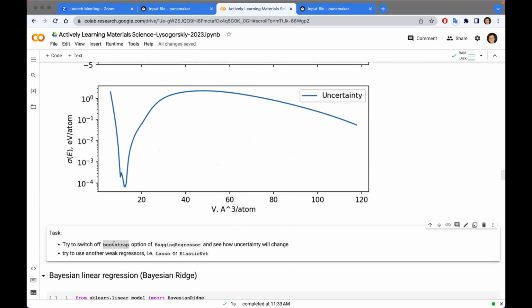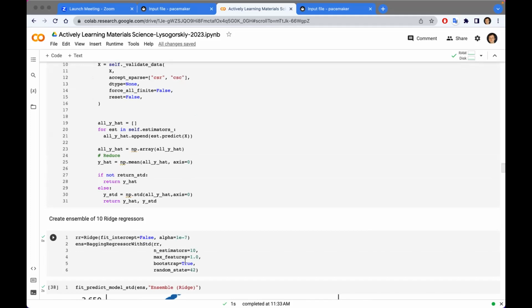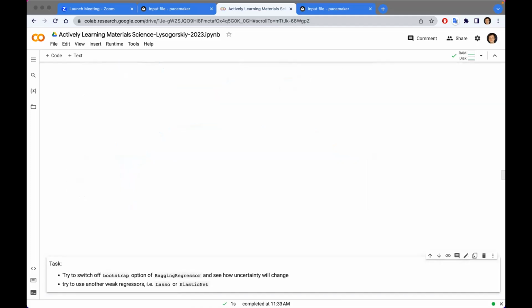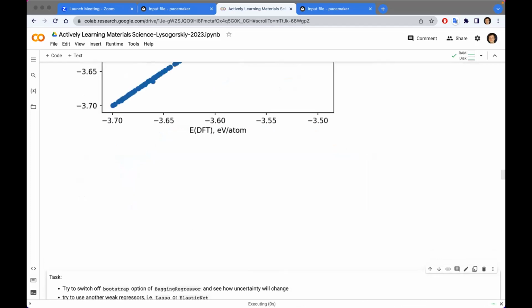So you can try to switch off the bootstrap option here. In that case, all 10 models will be trained on the original set. And as you could imagine, because that's a non-stochastic closed form solution, it would always be the same. If you repeat it 10 times, it still will be the same. So no disagreement, and we expect to see no uncertainty indication at all.